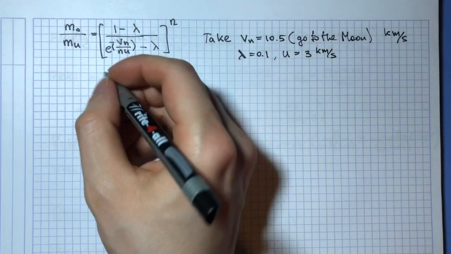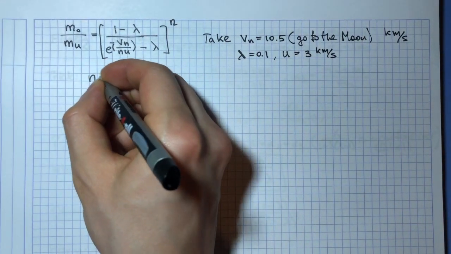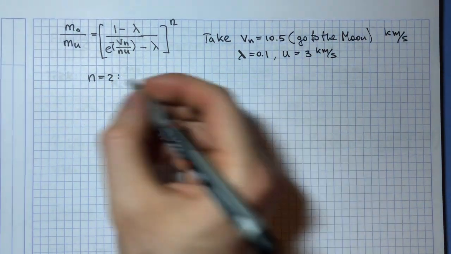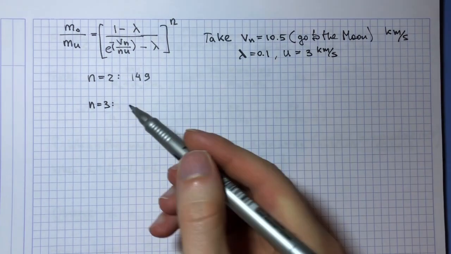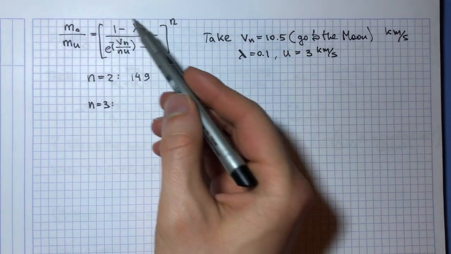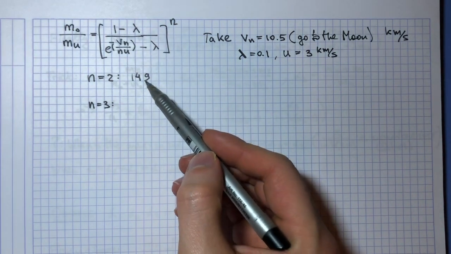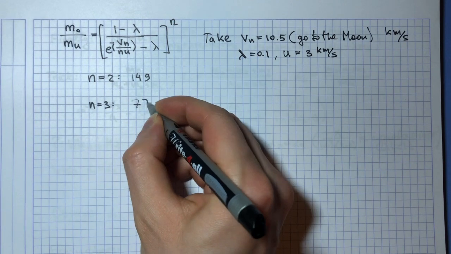So now you can stop the video and calculate this number for n equals 2 and n equals 3. So for n equals 2, I get this number to be 149. For n equals 3, it becomes 77.